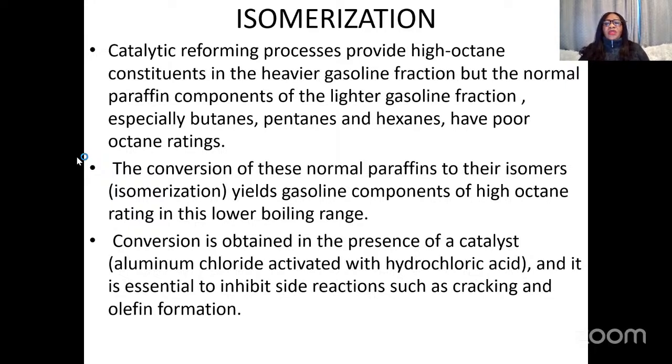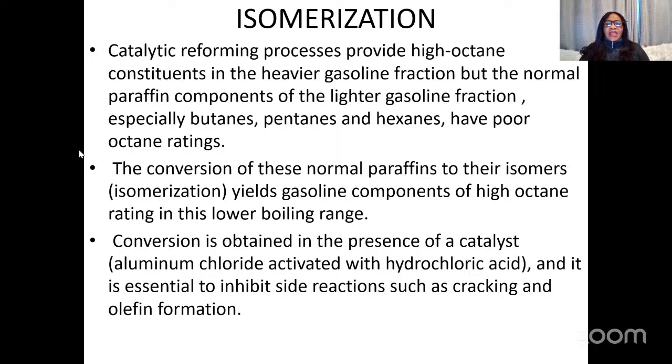And so in this case, isomerization comes into play, where you now use your normal butanes, normal pentanes, hexanes, and so on that have poor octane ratings. The conversion of these normal paraffins to their isomers, that is the isomerization, yields gasoline components of high octane rating in the lower boiling range.